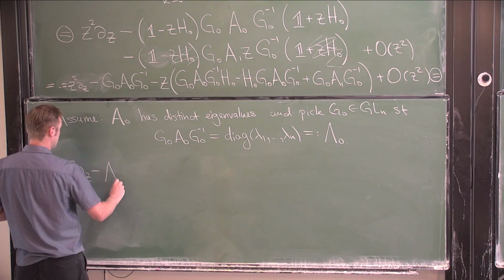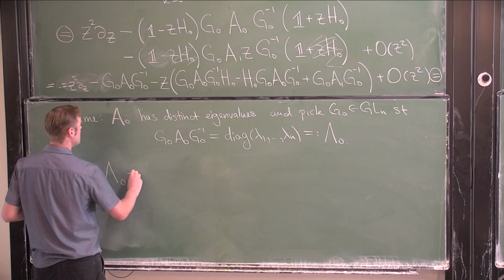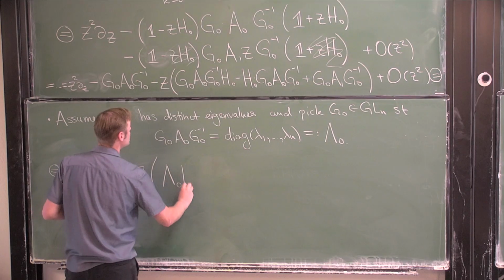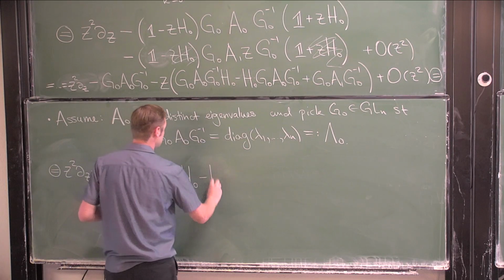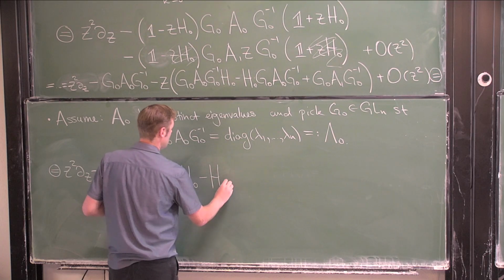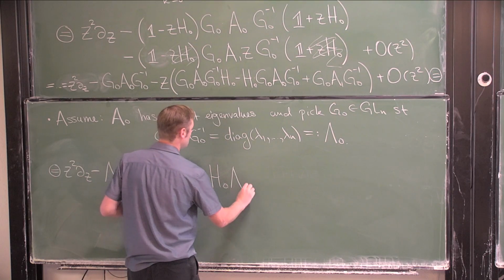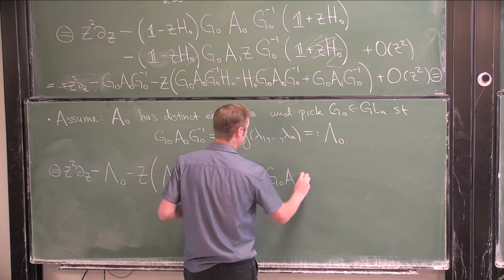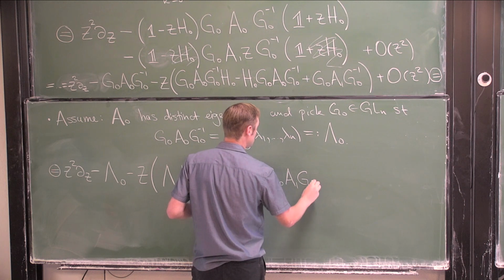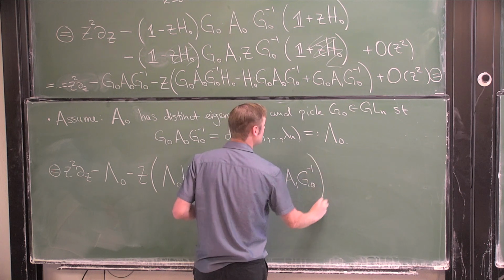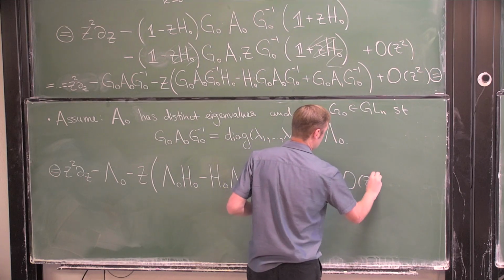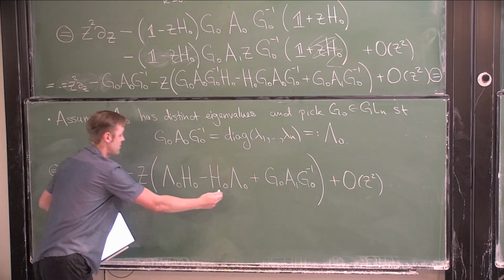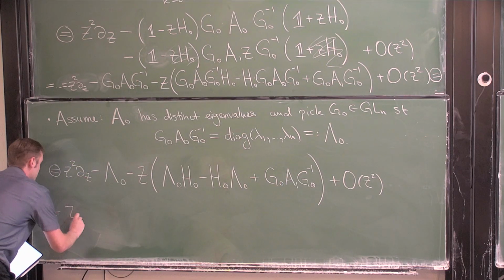What we get is lambda naught minus Z, lambda naught H naught minus H naught lambda naught plus G0 A1 G0 inverse plus. And now we can clearly see that we have a commutator appearing in this formula. So let me write it.